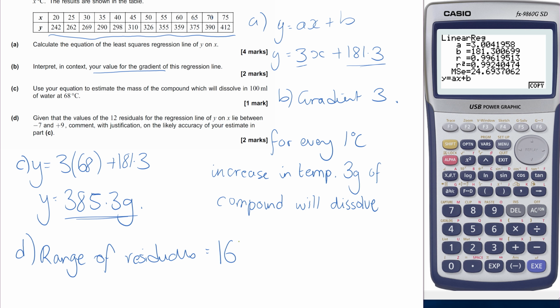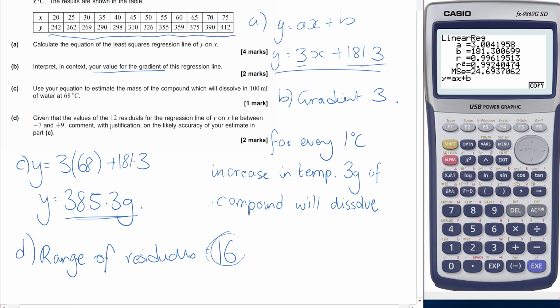It's the difference between the actual number and the number if we were to read it straight from the line of best fit from this equation here. Now because the range is only 16, that means that in all likelihood we are at most 16 off effectively our correct line. So the range of the values is 16.